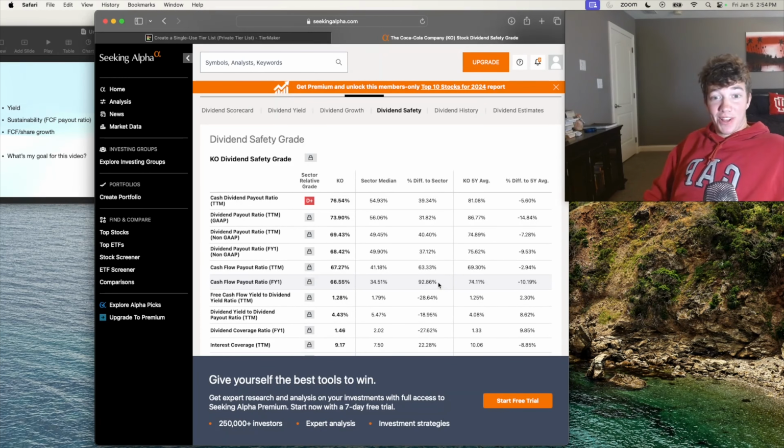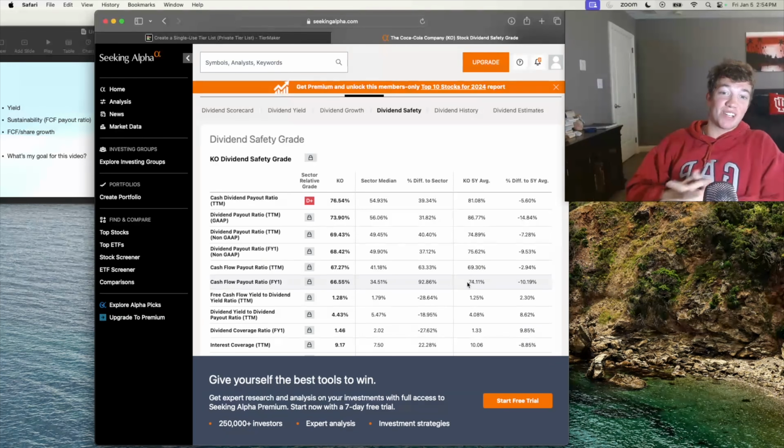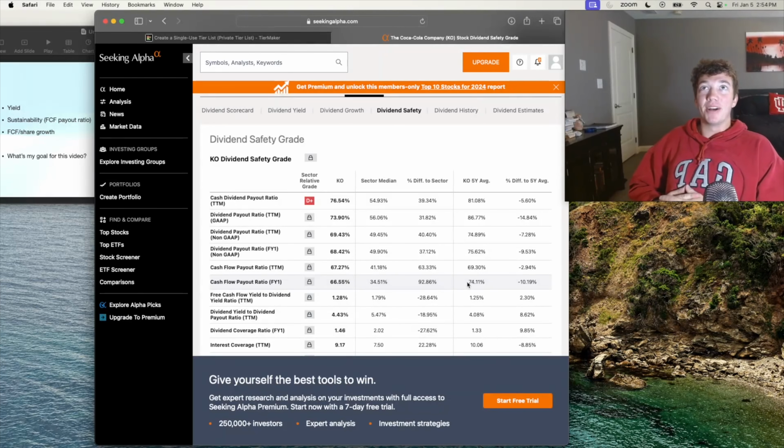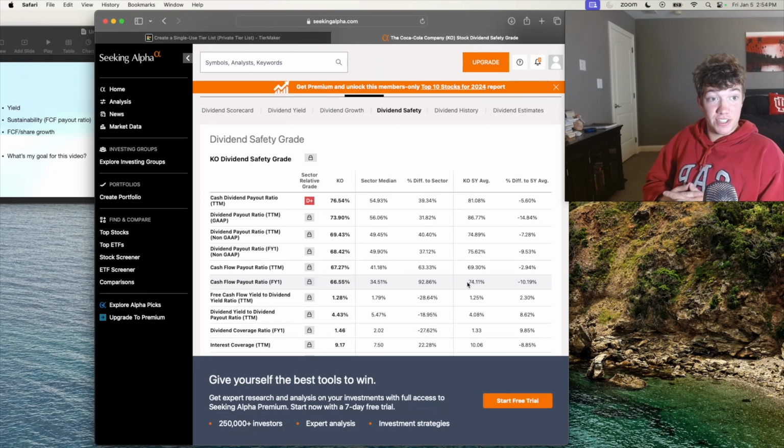Doing this now, I'm realizing how hard it is to talk about some of these metrics in isolation without asking, okay, what sector is this? What stage of growth is the business in? But I'm happy I'm challenging myself with this, guys, because before you can really find your style of dividend investing, you are going to have to put in the work. Okay, I need to be able to read these metrics.